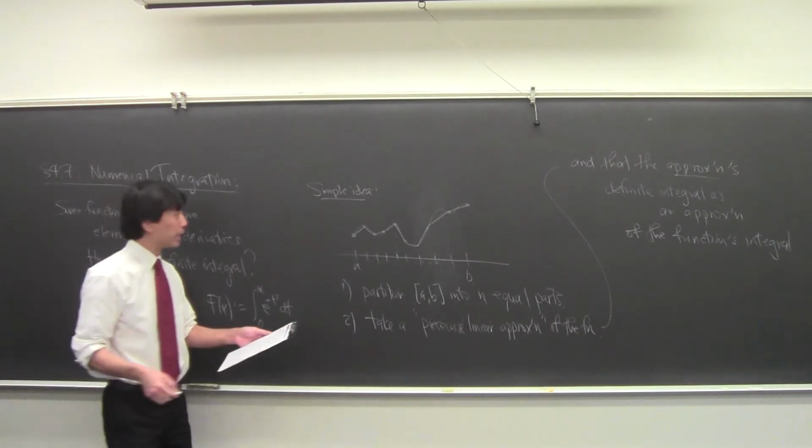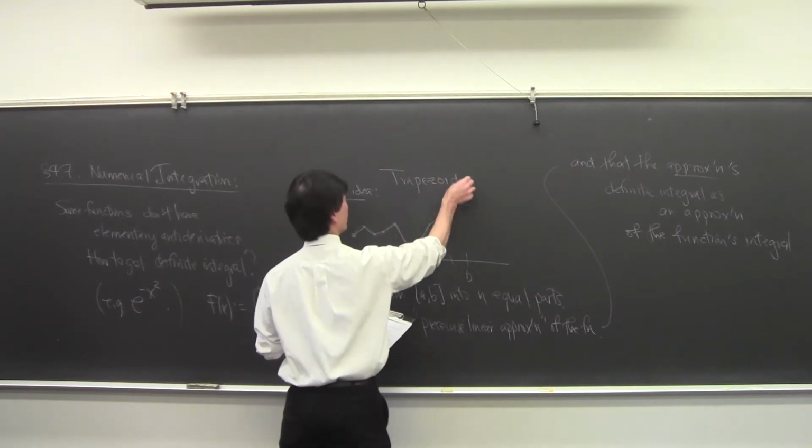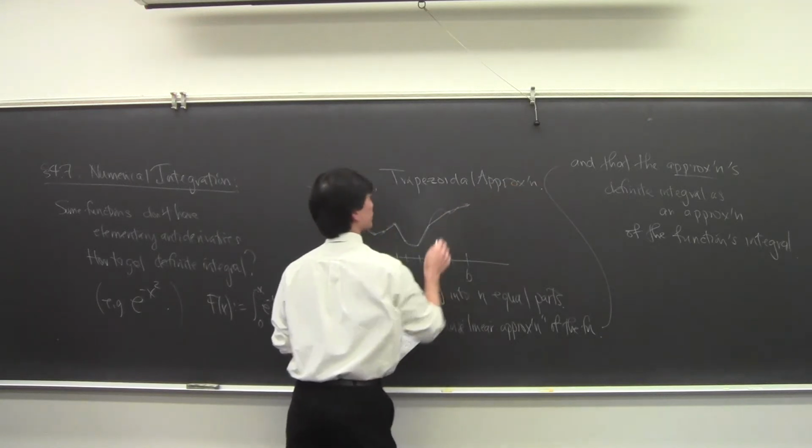And so this is called the trapezoidal approximation.